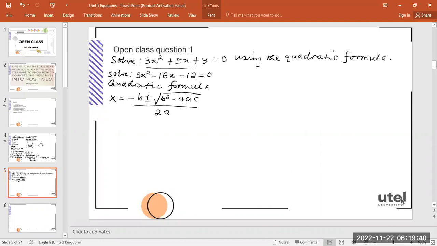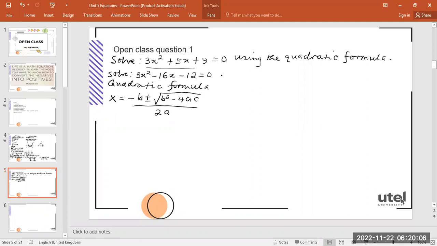In this lecture, I'm not going to bother us on how the quadratic formula is derived, but of course there's a proof for this formula. What it simply means is that once you are given your quadratic equation, all you need to do is identify the values of a, b, and c.